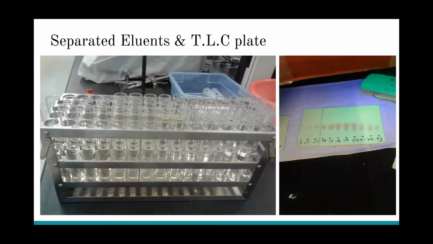So this slide here indicates the various fractions that we got from the flash chromatography and the TLC that go with those solutions. We compare the TLC and look at the various solutions and look at those that need to be combined to get the right products, and those that need to be discarded if they are unwanted products in the system.